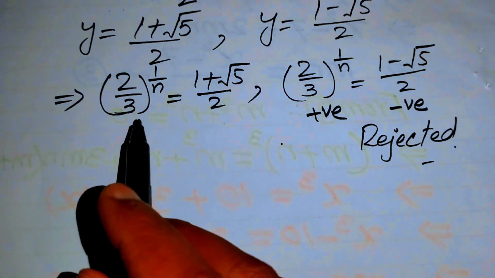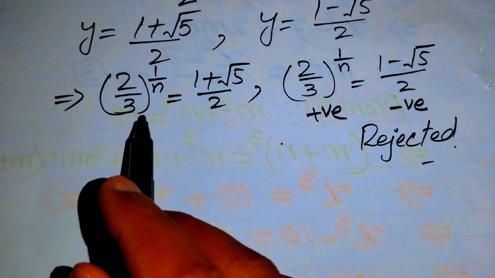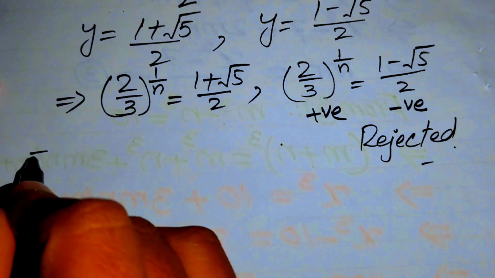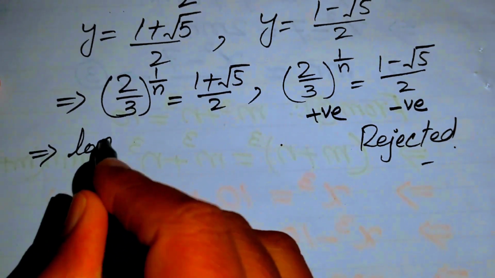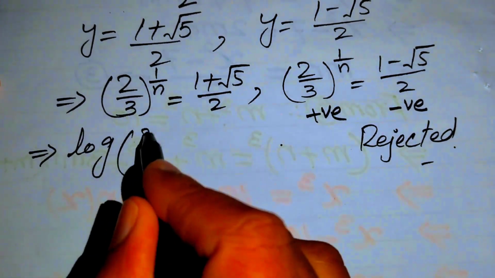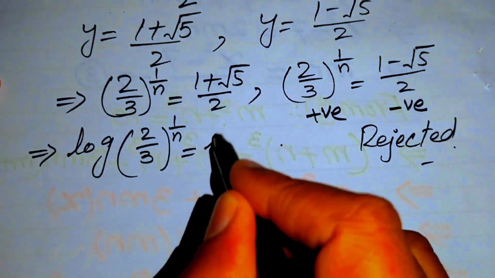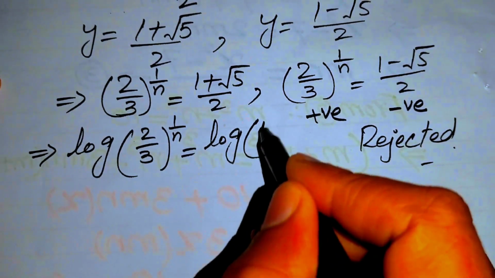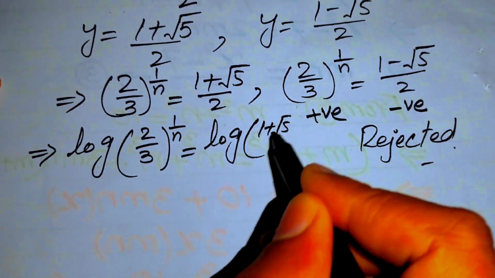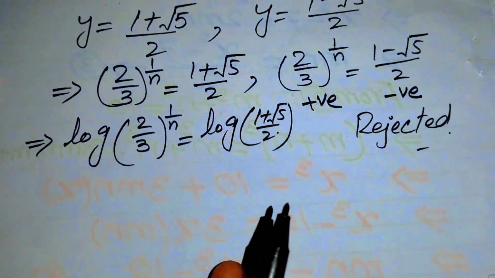So in order to find the value of n, here we need to take the log on both of the sides, and we get log of 2 over 3 and its whole power 1 over n equals to log of 1 plus square root 5 over 2.